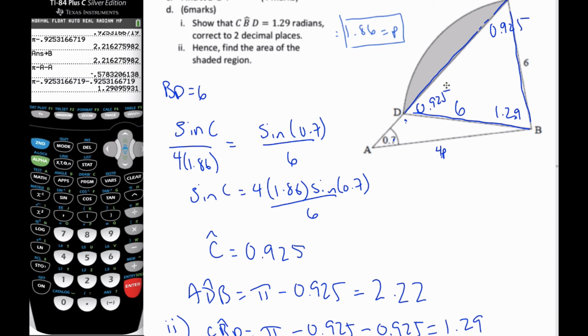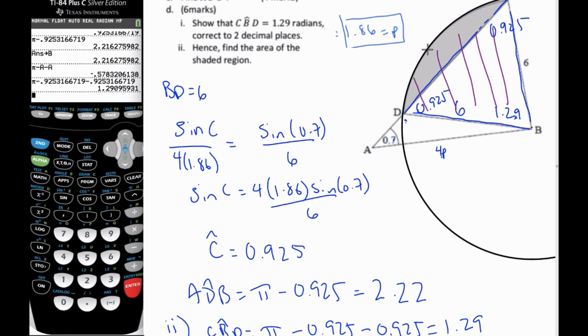Well, I have to recognize that this whole piece here and here is a sector of the circle, because it told us earlier on that we had a circle here. So I know the sector, and then I want to subtract away the triangle's area, and that will leave me with the shaded region.